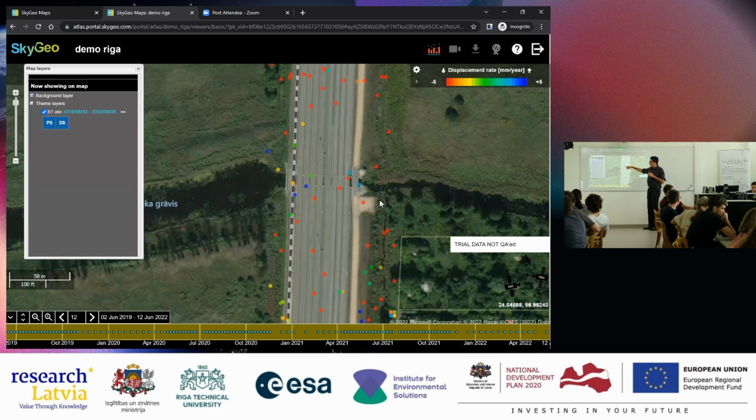Usually, if they build a bridge with a railway or a highway on top of it, then that bridge is a very big concrete structure, so it has to have a very thorough foundation. So the bridge usually is stable because it has a foundation on a lower layer, but the areas next to it not. That is the sandy ballast bed. So the green point over here is probably quite stable.